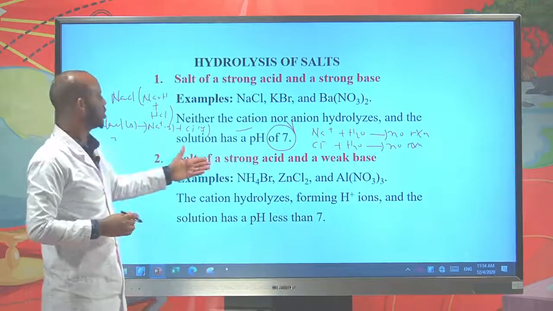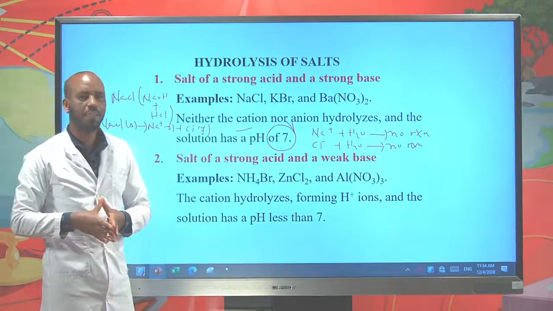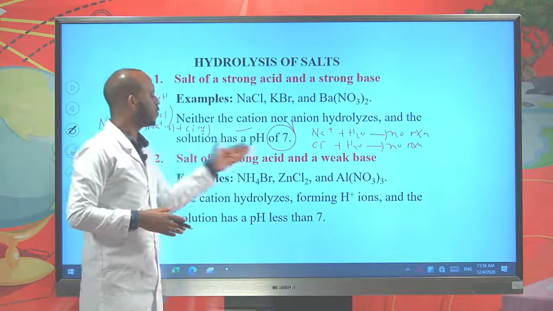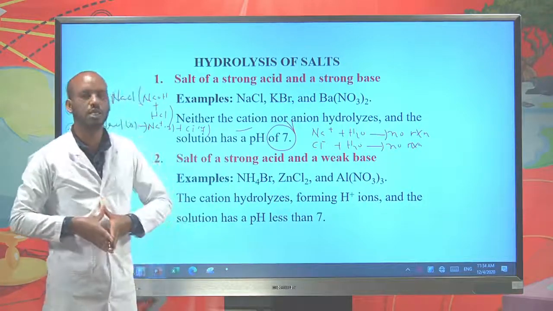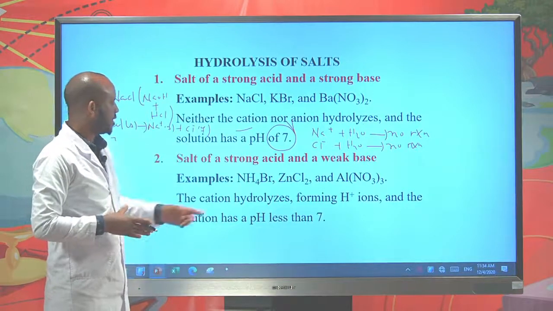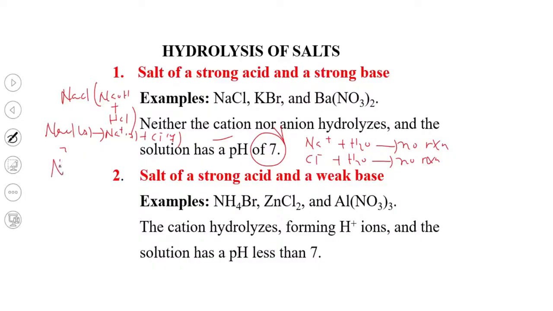2. Salts of a strong acid and a weak base. What happens to the pH of the solution if a salt derived from a strong acid and a weak base dissolves in water? Consider this salt: ammonium bromide, NH4Br.